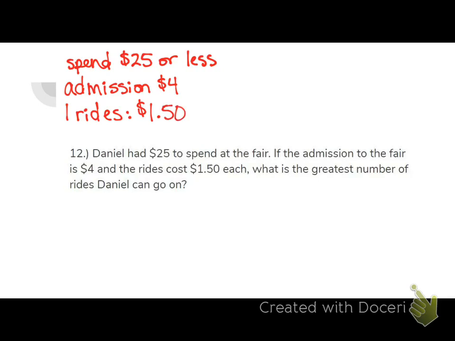What is our unknown in this case? What are they asking us to find? Number of rides he can go on. So if we don't know it yet, we should use a variable like N, R. We're going to use R for rides. Number of rides.